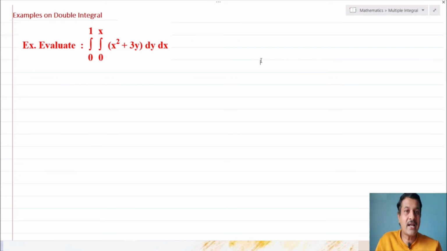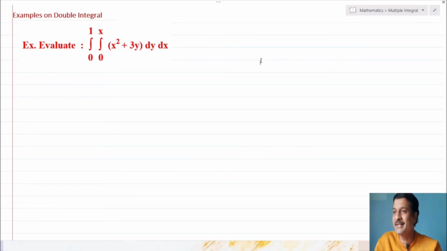Second, limits are not given, we have to decide the limits by using the strip. Third, limits are given but in the given order not useful, so we have to change the order of integration. And fourth, sometimes we have to convert into polar by using polar transformation. So definitely we will solve that type of examples also.